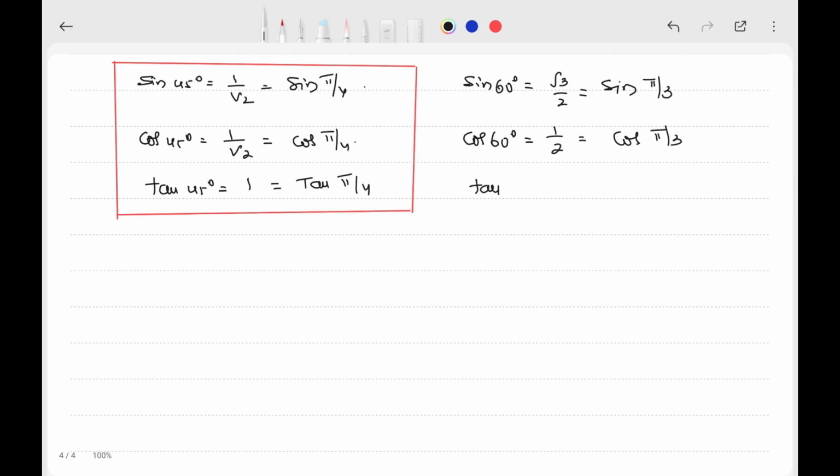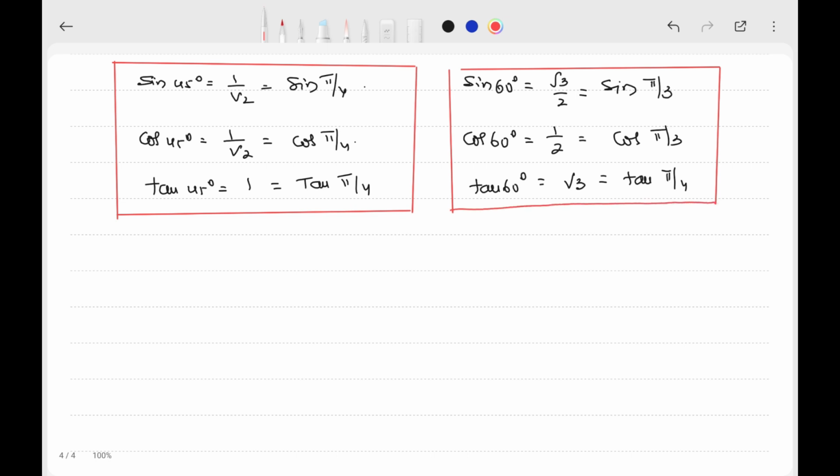Tan 60 is equal to root 3, that is tan pi by 3. If you remember these 6 basic values, then the values of cosecant, secant and cot can be easily found, for cosecant, secant and cot are the inverses of the above values.